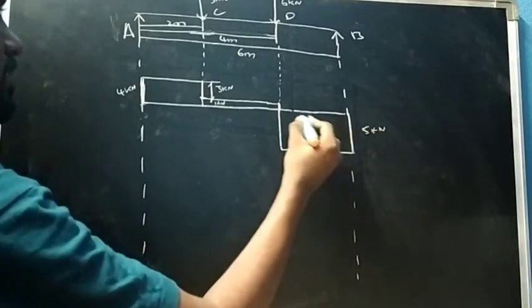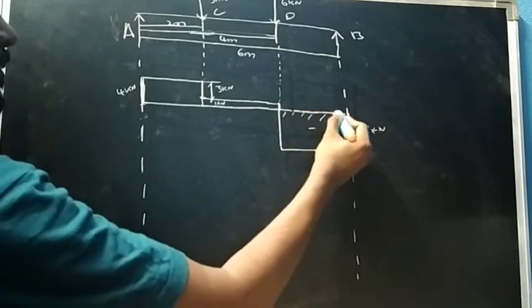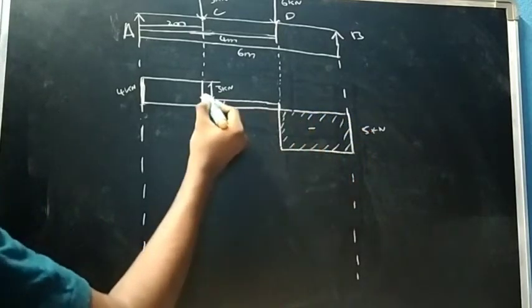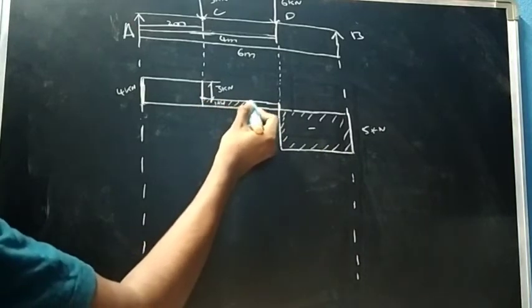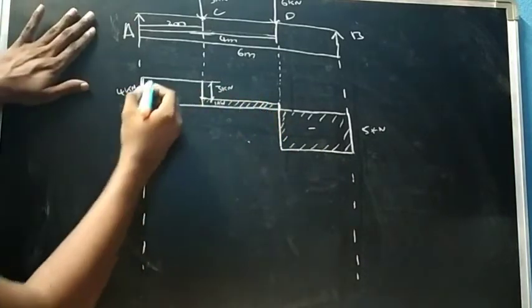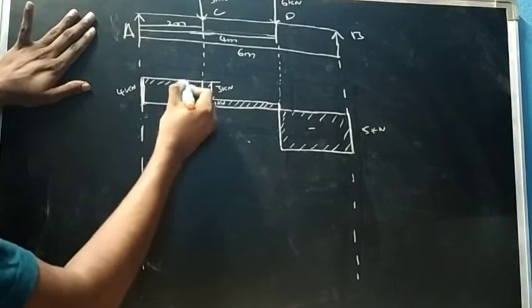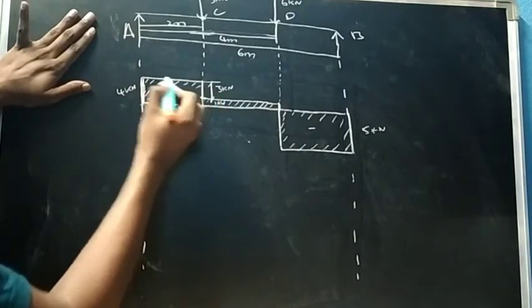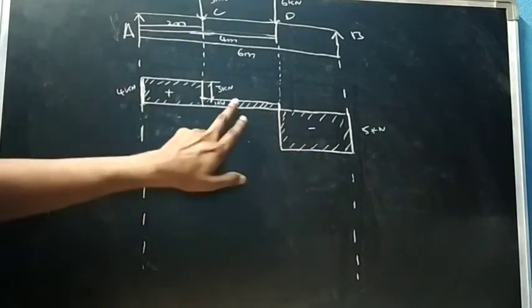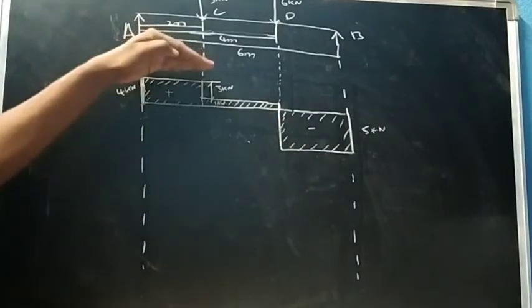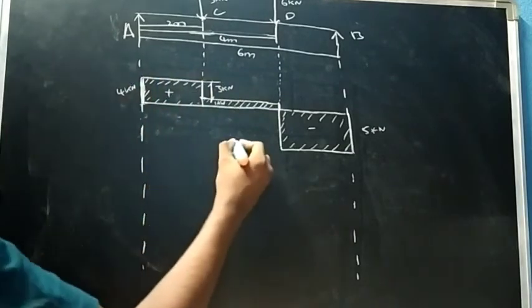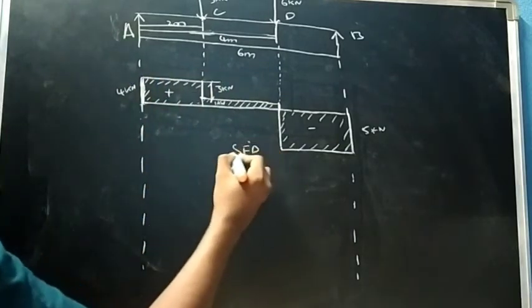So this is minus. So this is the shear force, we completed shear force. Above the baseline it is positive, below the baseline it is negative. Now we'll give this heading, shear force.